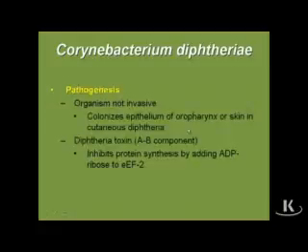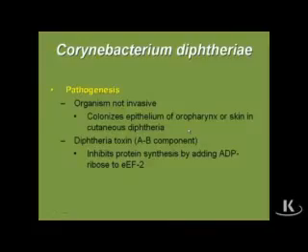Now, what's important to realize about diphtheria is that it's not an invasive infection, despite the fact that it has effects basically in the oropharynx or the respiratory tract. It goes, we know, to the heart, it goes to the nerves, but it is not a systemic infection, all right? It's not invasive.